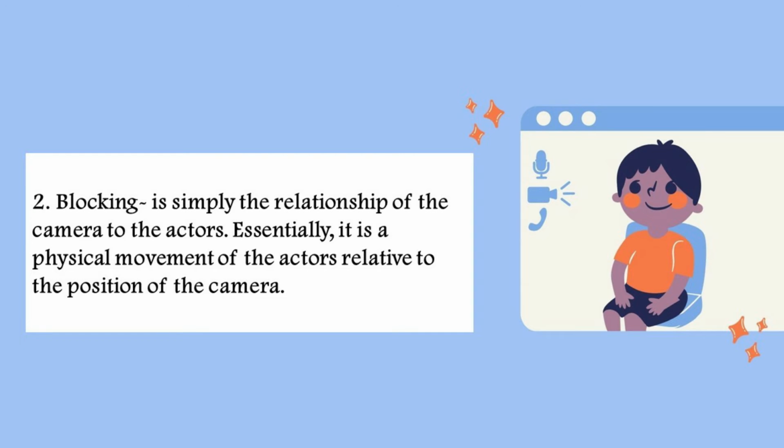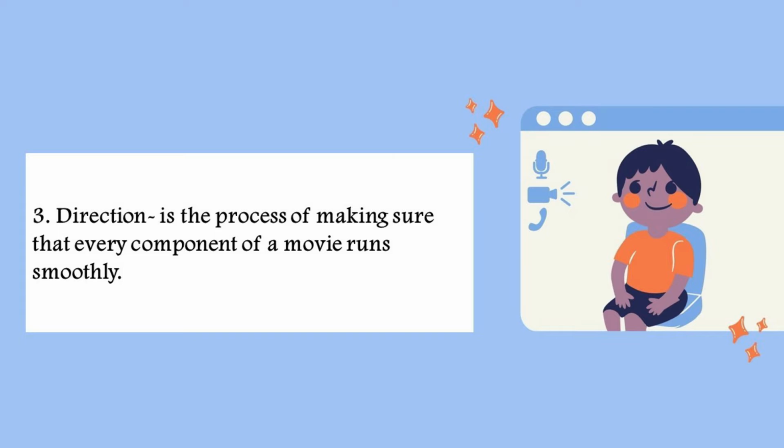Next is blocking. It is simply the relationship of the camera to the actors. Essentially, it is the physical movement of the actors relative to the position of the camera. Direction.